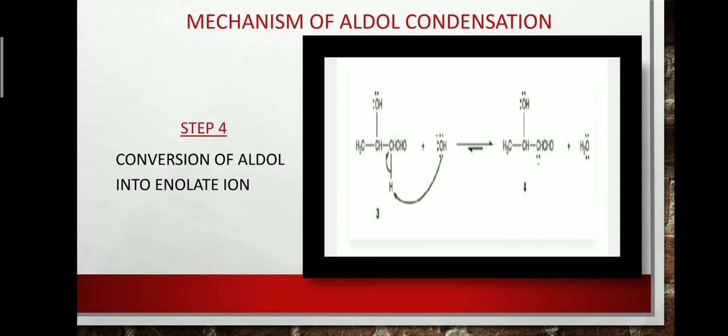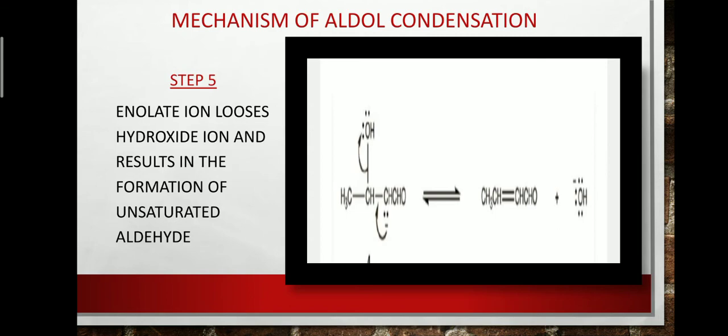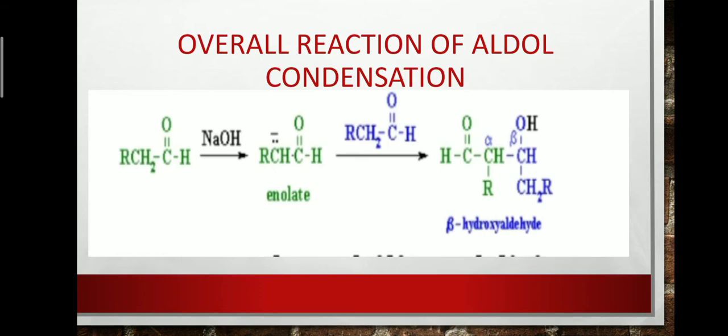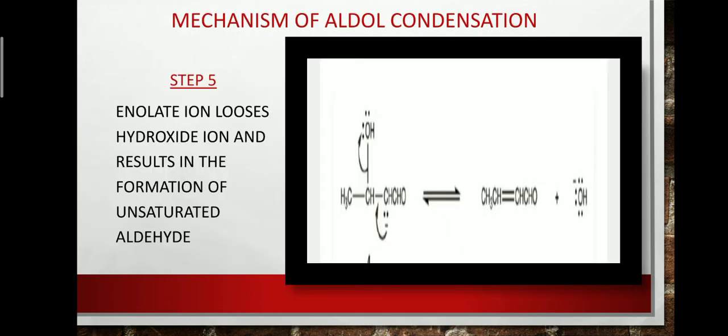So in the dehydration process, first of all, this alpha hydrogen is again abstracted and forms an enolate ion, and in the next step, in that enolate ion we have an OH group now. That enolate ion loses its hydroxide ion.